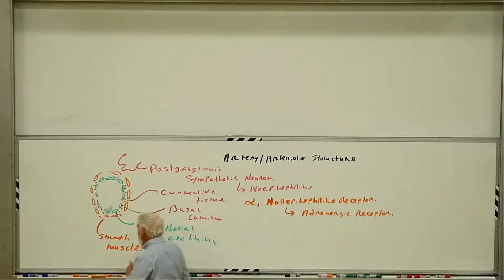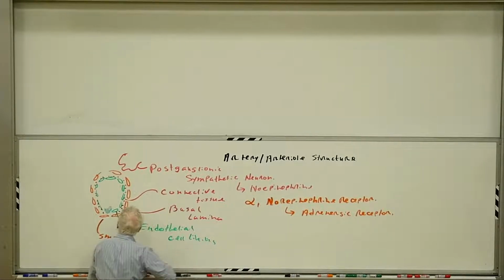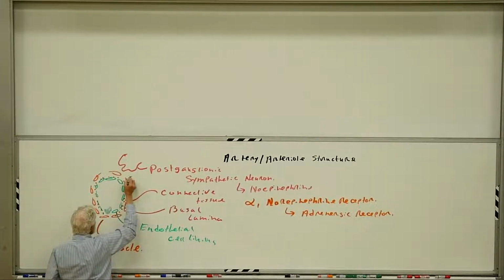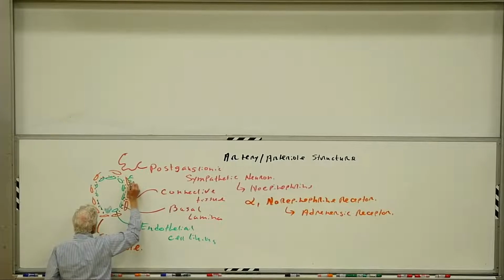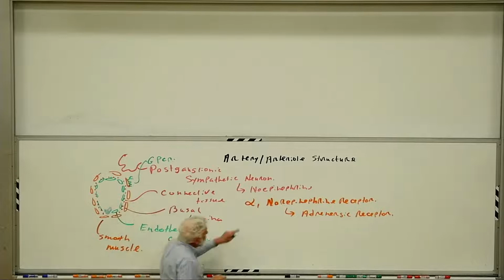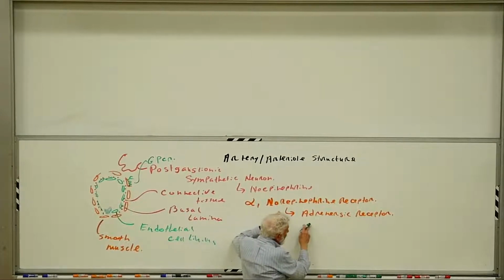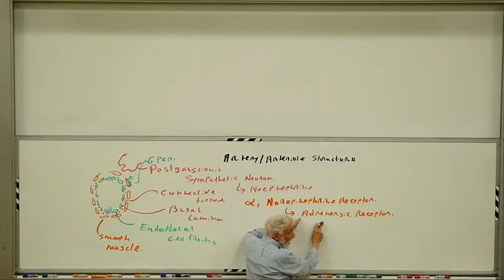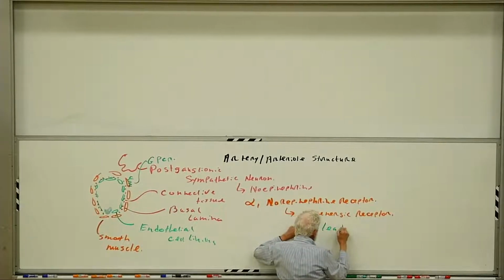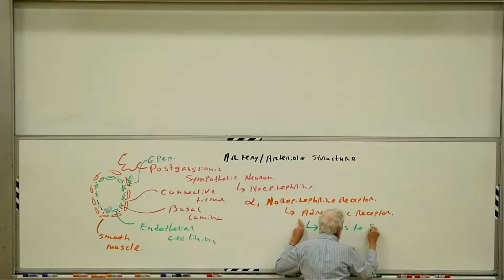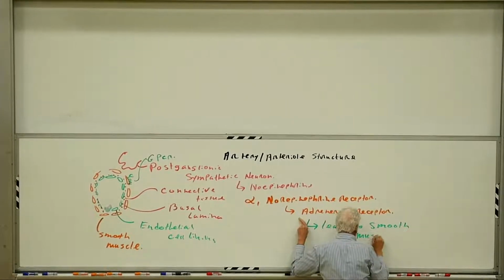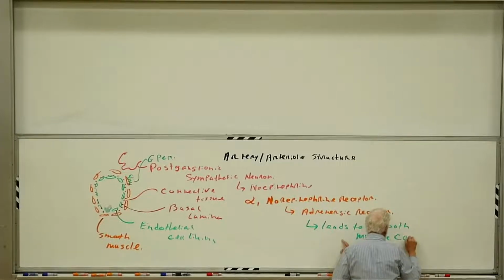Well, these are G protein coupled receptors. So these G protein coupled receptors, this is GPCR, and the binding of the norepinephrine to the alpha-1 receptor activates that cascade of events that leads to smooth muscle contraction.